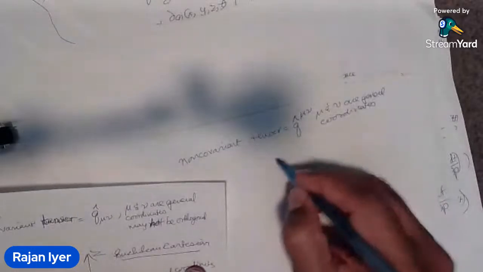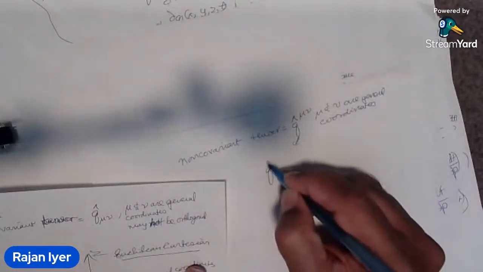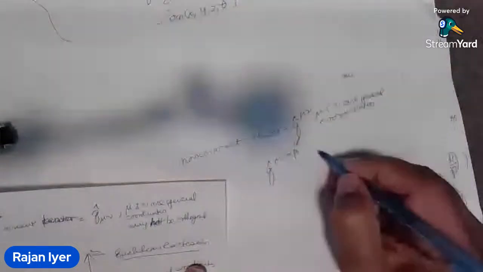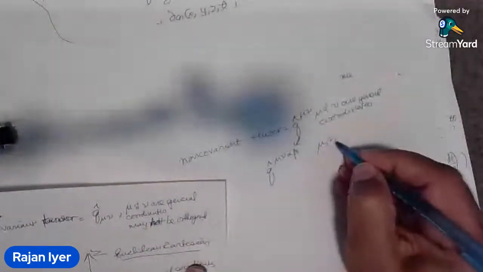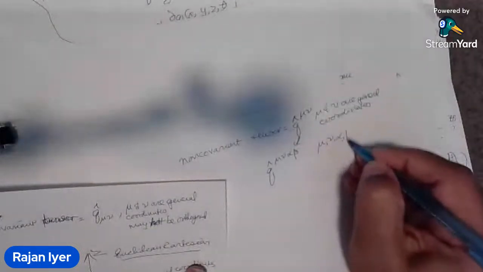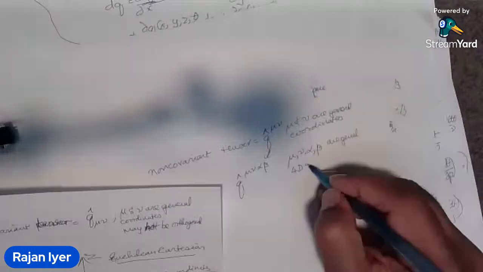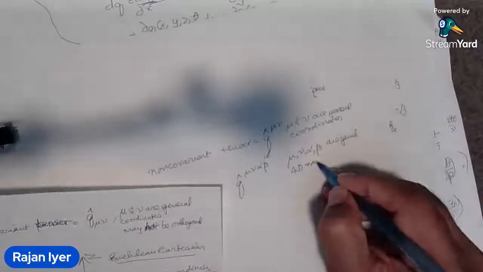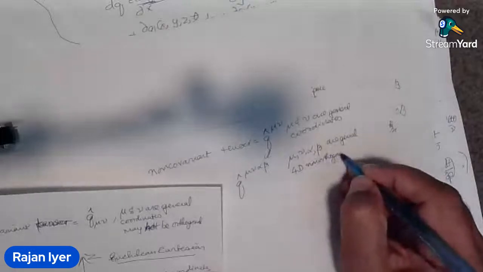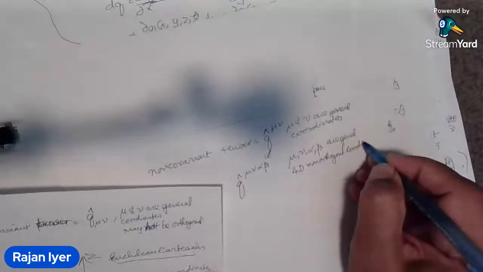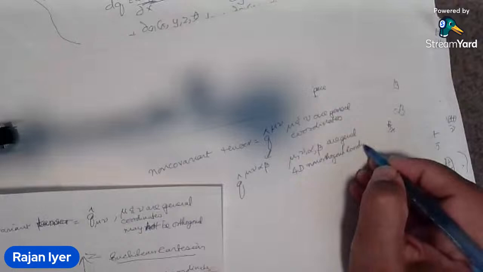Let's say this becomes four things: nu, alpha, beta, or something. So nu, alpha, beta are general 4-dimensional non-orthogonal coordinates. You see that?